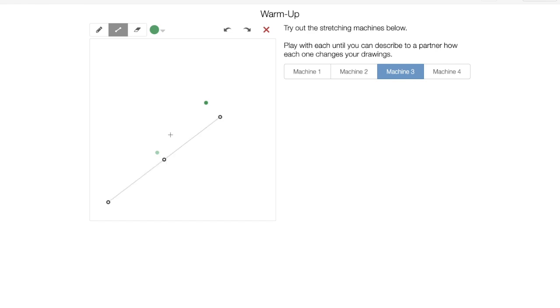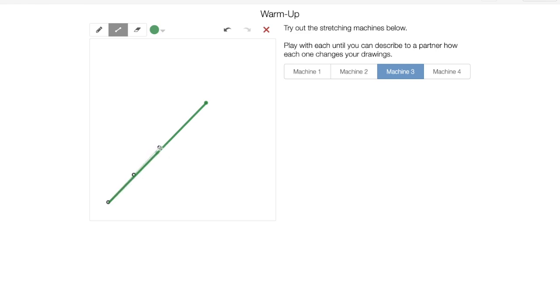And then again, when we go to machine 3, take a second to remind yourself what the scale factor is here. Okay, so when we look at machine 3, let's go ahead and draw some lines. Again, this was our center of dilation, this was our pre-image, and this was our image.